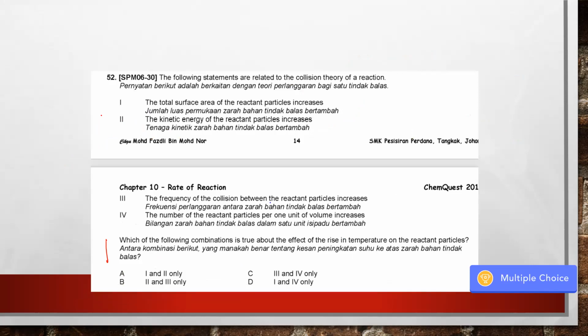Another SPM question here. This is collision theory. Which one is correct about the rise in temperature?